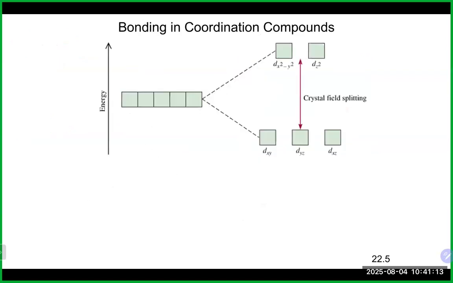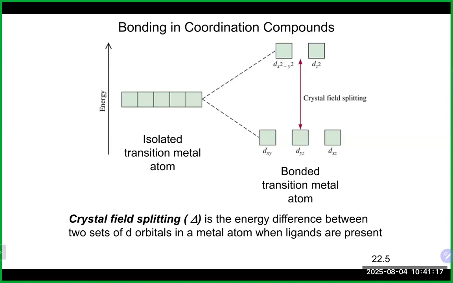But what happens when you introduce ligands into the mix? You get what is referred to as splitting of these d orbitals, sometimes referred to as crystal field splitting. By the way, what we are looking at here is a coordination number of 6 and an octahedral geometry.